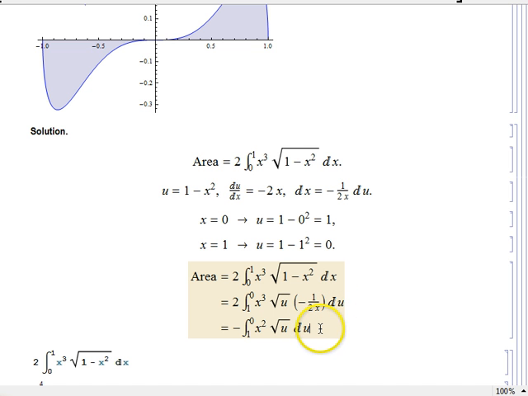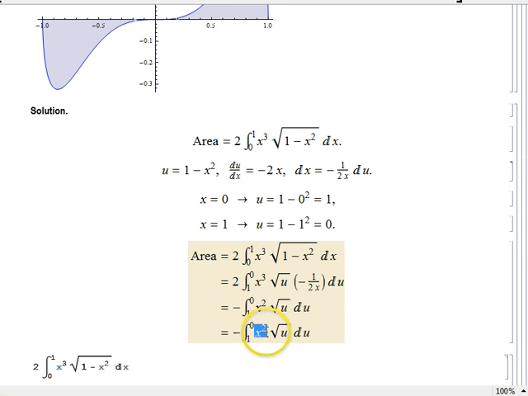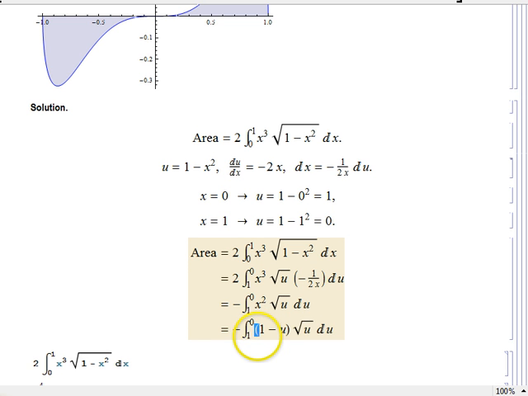Now what do we do? We still have some x left over, so we are in a bit of trouble, but please remember that u is 1 minus x squared, so from here I can find x squared is 1 minus u. So I can replace this one by 1 minus u, and finally we are ready.